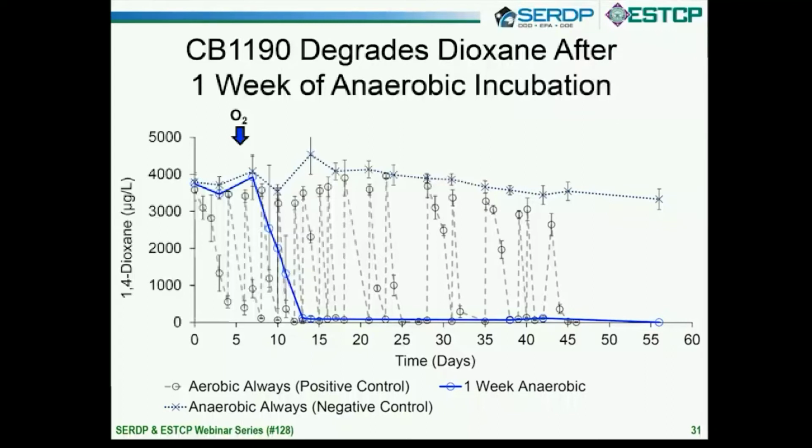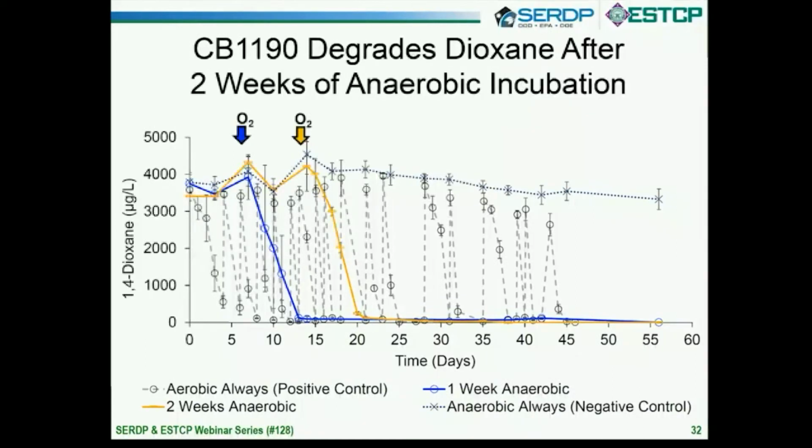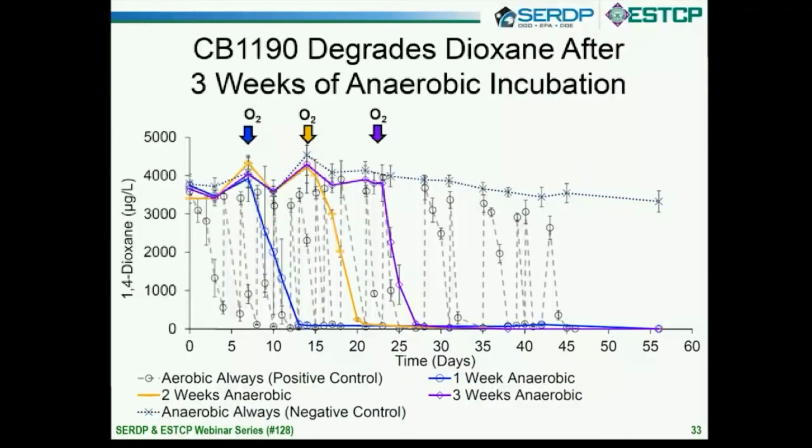So earlier it was a matter of hours of anaerobic period in which TCE was degraded. Now we are keeping anaerobic conditions up to 7 days, 14 days, 2 weeks, 21 days, 3 weeks. Notice no degradation under anaerobic conditions. As soon as oxygen becomes available, it's almost like the microbes were ready to launch. Very minimal lag.